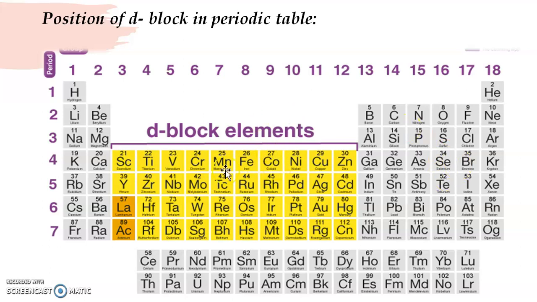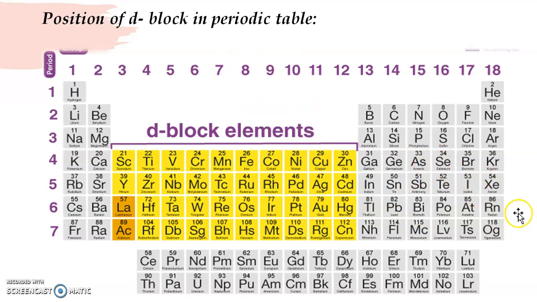As you can see, D block elements lie in between the highly electropositive S block and the least electropositive P block elements. So transition elements are also named indicating their positioning and transition of properties between S and P block elements. So all the transition metals are D block elements, but all the D block elements are not transition elements.